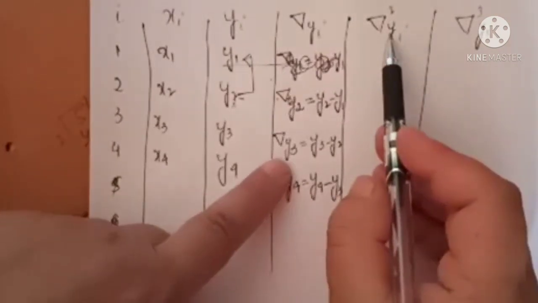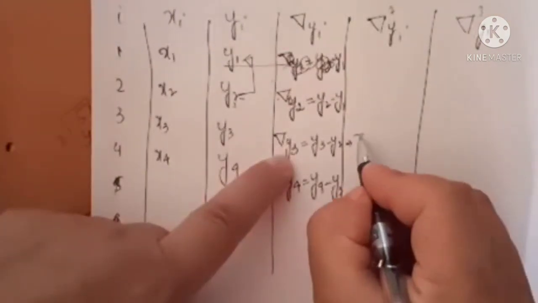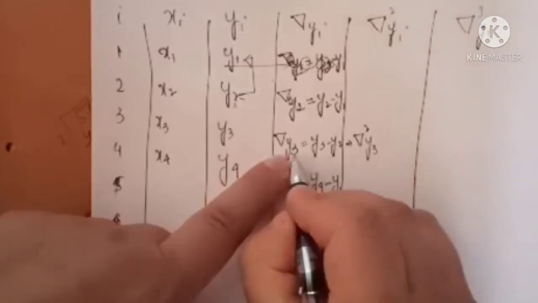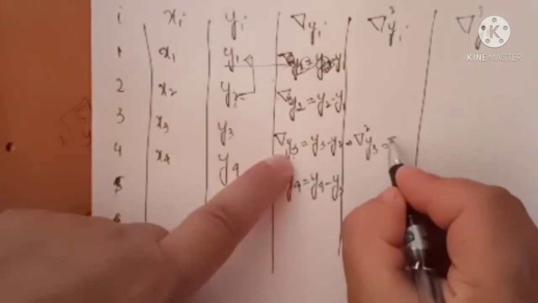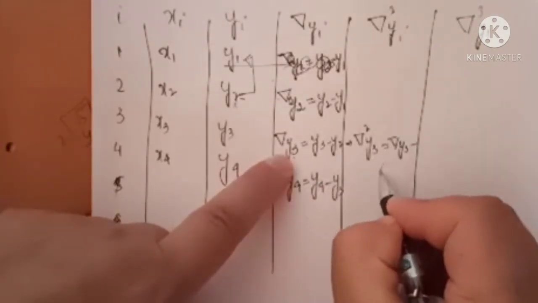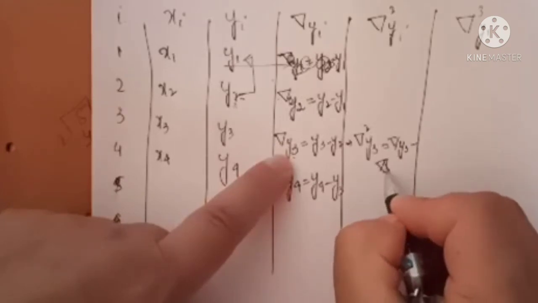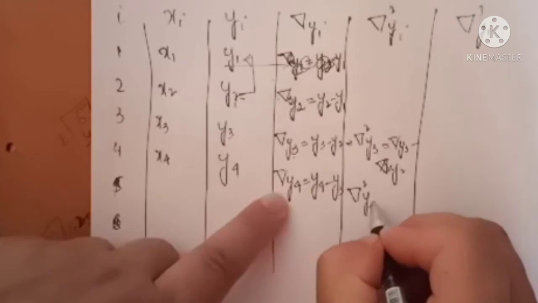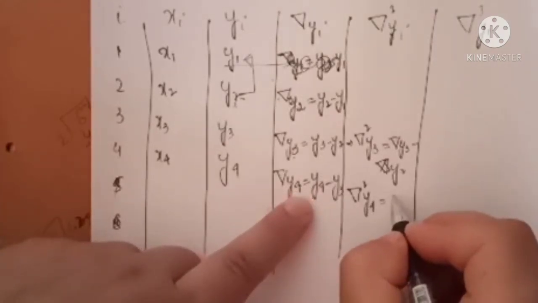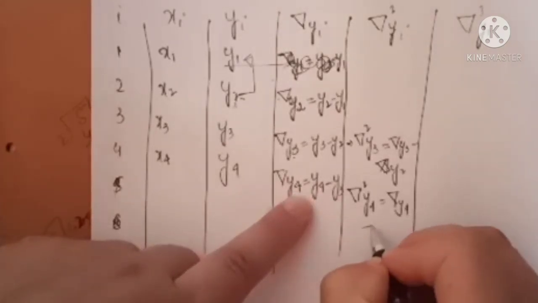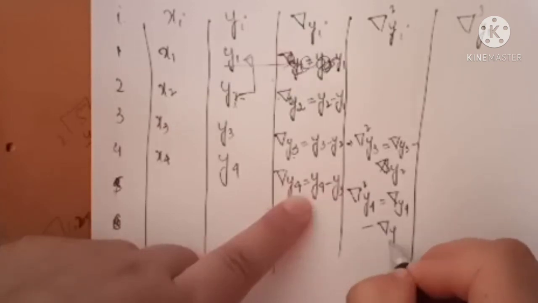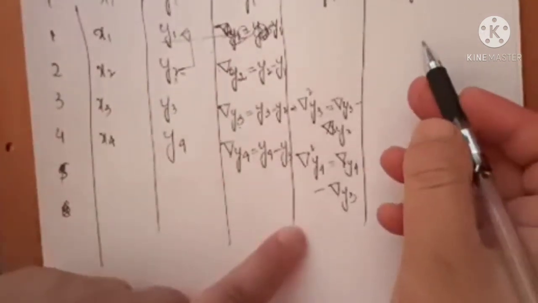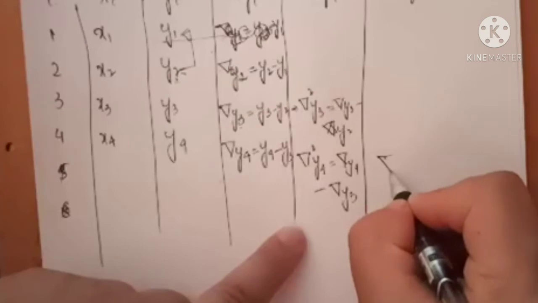The second order will be over here. Second order y3 will be equal to delta y3 minus delta y2. Then second order y4 will be first order y4 minus first order y3, and then the last one will be represented over here.